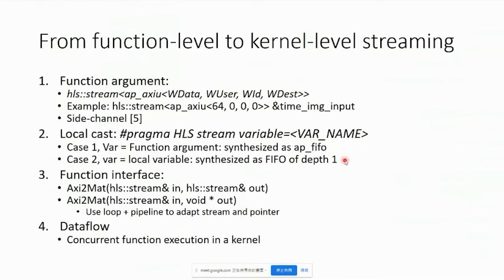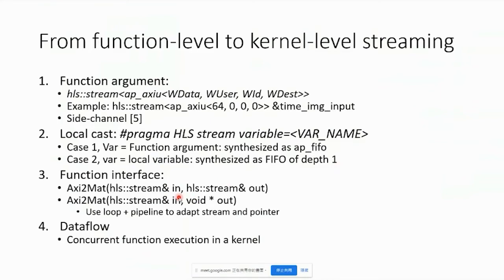I searched on the internet. If you declare a function argument to be a stream variable, it will synthesize it as an AP_FIFO. For a local variable within a function, it will synthesize as a FIFO of depth 1.